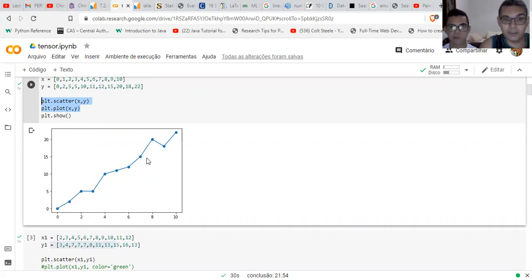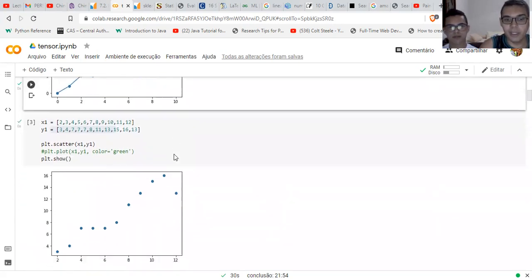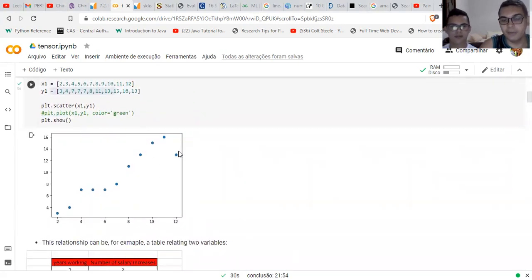This correlation is so clear that we can even make this line here to check it. Here, the correlation is not that obvious, but if you try to see, you're going to see that there is a kind of linear correlation. A regression problem is a problem where you can see this correlation between input and output, and a linear regression is when this correlation is a line, just as we are seeing here.